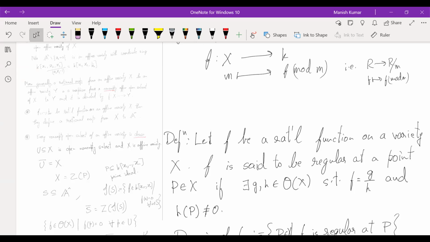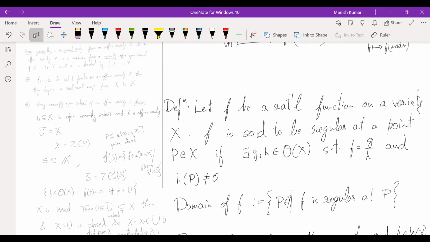So we will in fact show that the domain of f is an open dense subset of X. So f is said to be regular at a point p in X if f makes sense at that point. In other words, there exist g and h in O_X. So f is a rational function, meaning it's an element of the fraction field of O_X. So you can write f as g over h, and h(p) is non-zero.